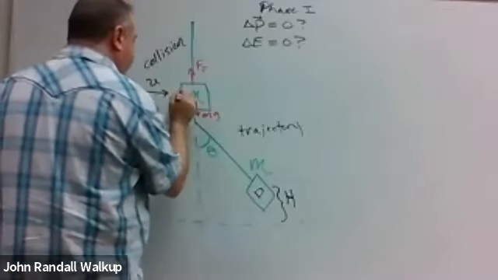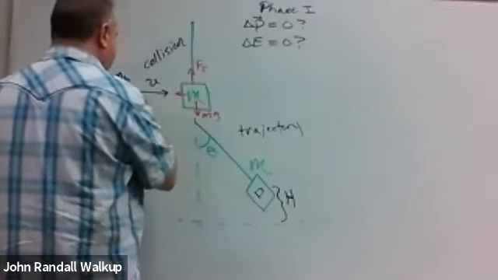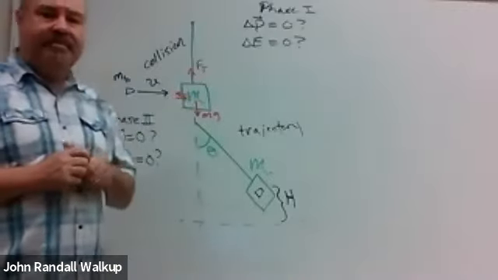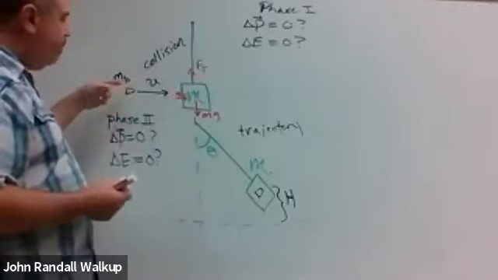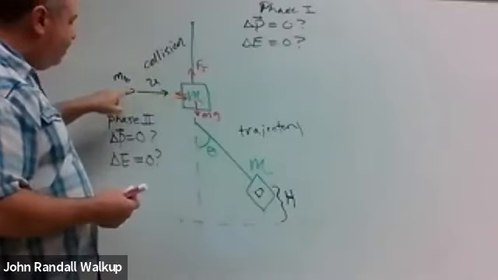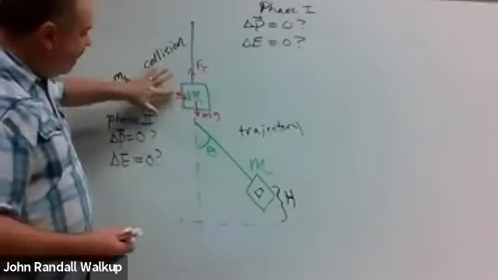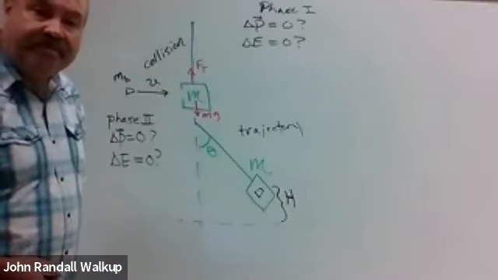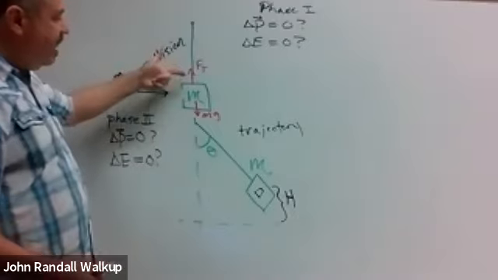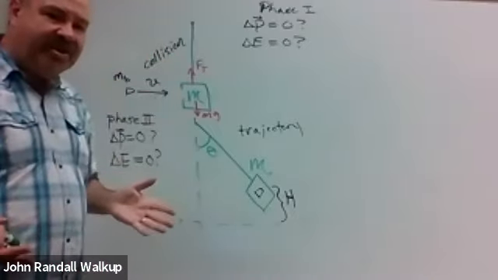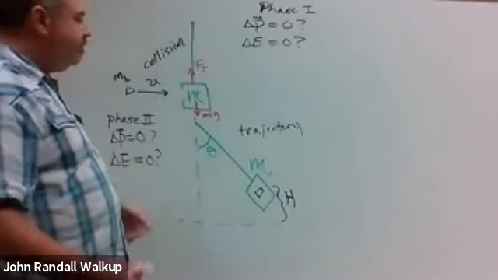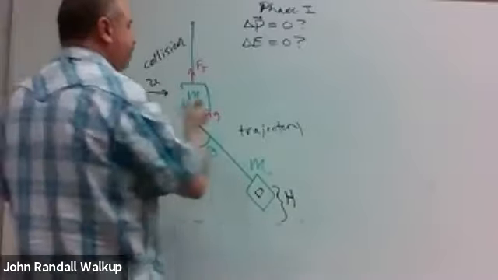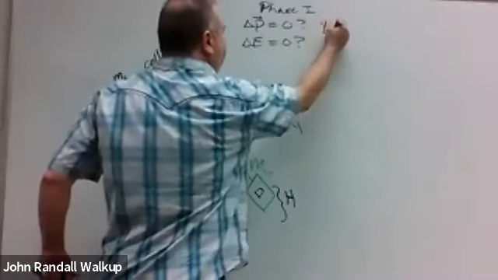The block exerts a force on the bullet, and the bullet exerts a force on the block. But if our system is both bodies, bullet and block, these two are internal. Now, F of t and mg vector cancel. Therefore, momentum is conserved. So yes.